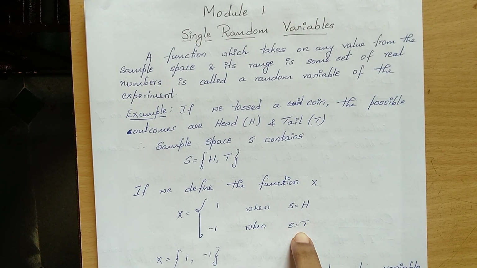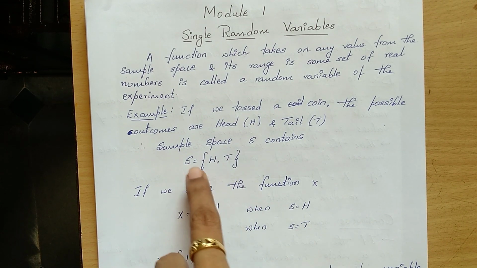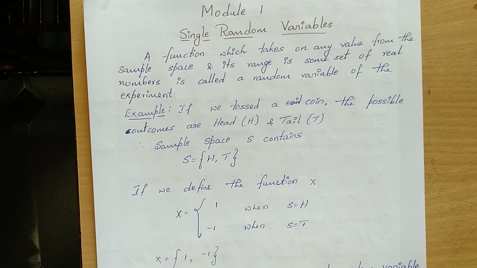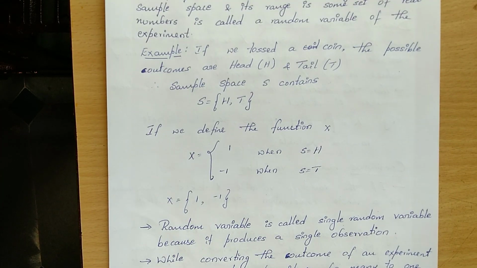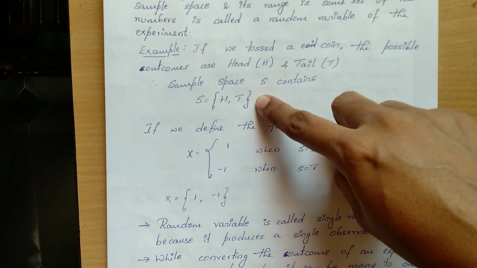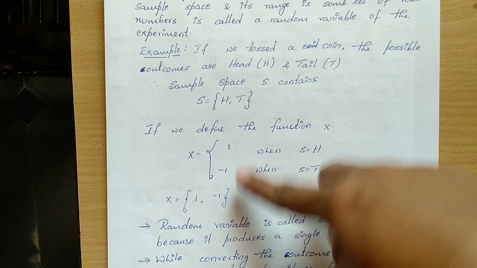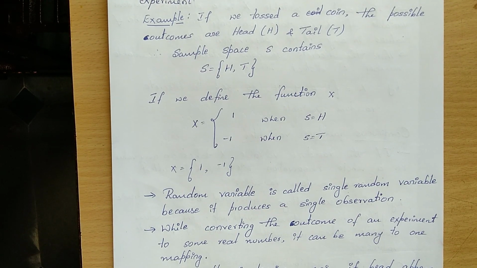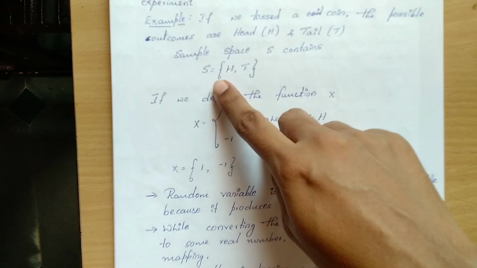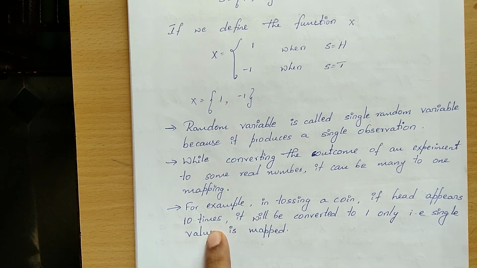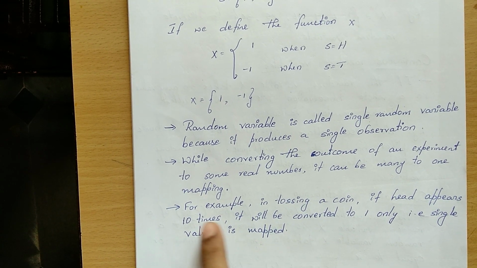So instead of H and T, we can define the same function as x is equal to 1 and -1. That is the variable here, which is converted into real numbers. Suppose the experiment is conducted 10 times.